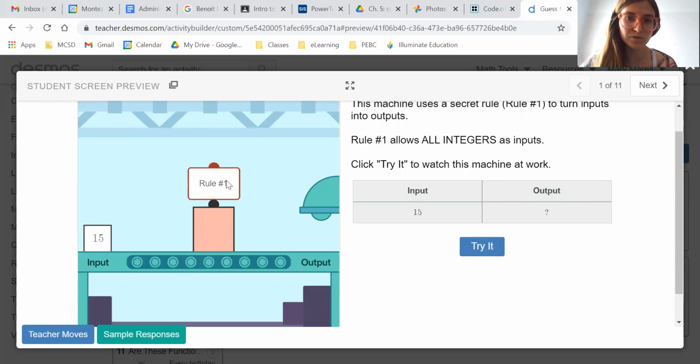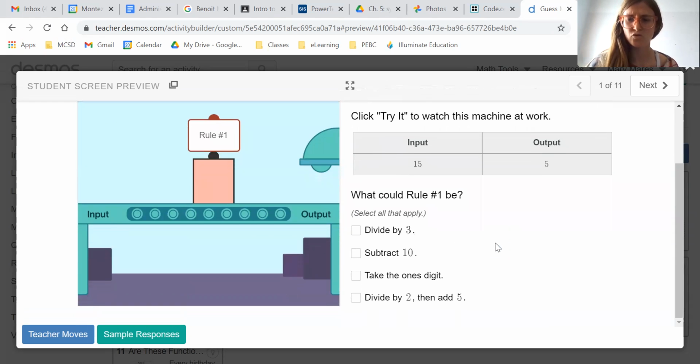So we're looking at rule number 1. It allows all integers as input, so any number can be put in as an input. I'm going to see what happens. It goes in, and then out comes the output, which is 5. So what could rule number 1 be? How would I be able to put in 15 and get out 5?